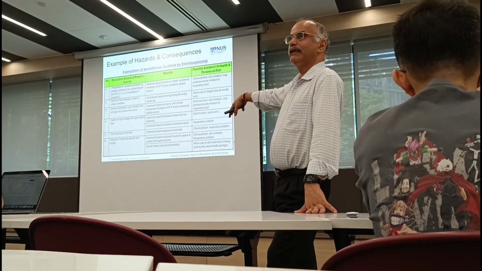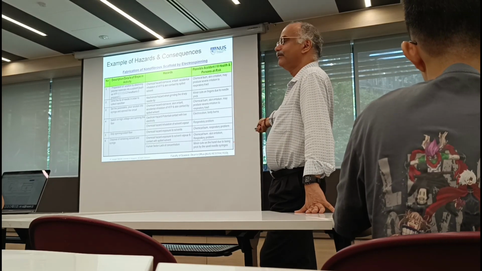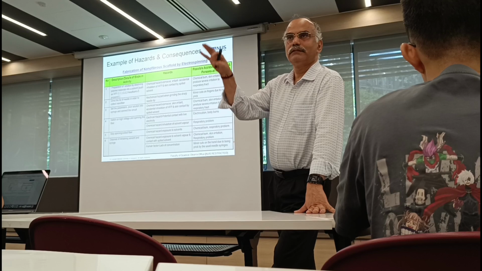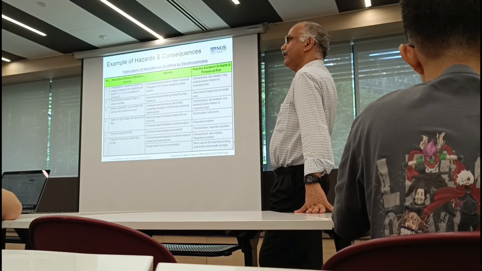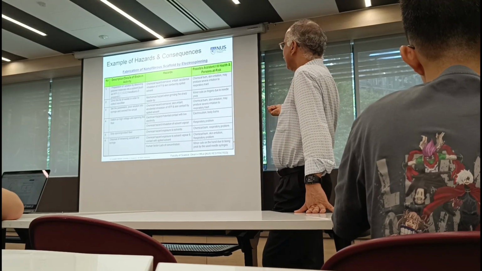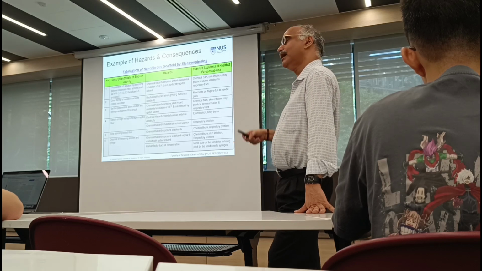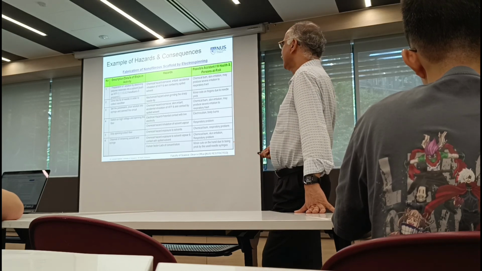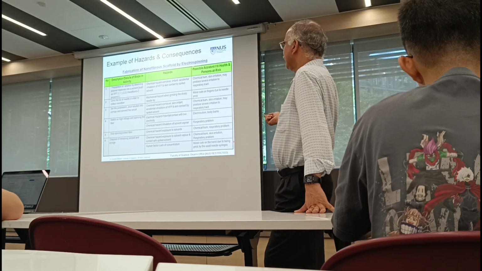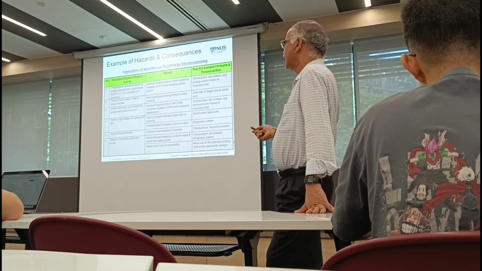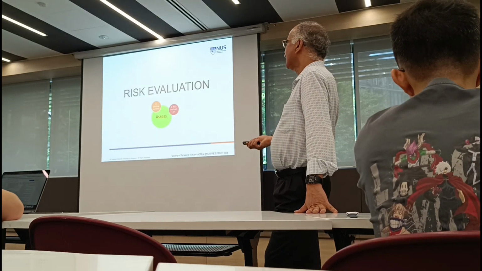This is an Excel file, right? Here you are only shown the first 3 columns, but there are many other columns you will see. Later on, the 4th one will be something, and what kind of control measures you have, etc. Once you identify hazards, then you can think about what accidents can happen.